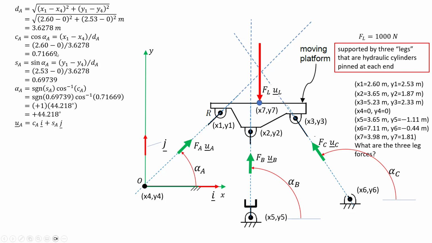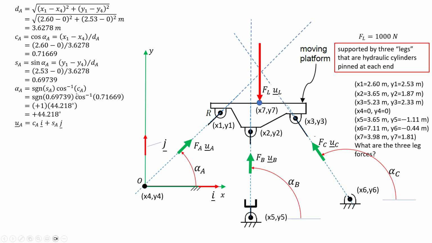And then I'm able to put in my numbers for x1 and x4, y1 and y4, to calculate what the cosine of alpha A is and what the sine of alpha A is. And then I can use the equation I've been talking about for a while now, the poor man's arctan2 or 4-quadrant arctan function.